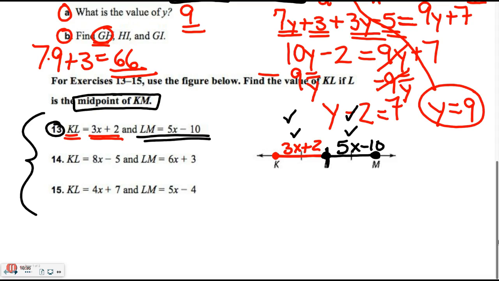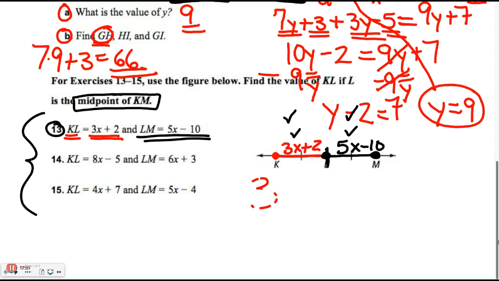So what you do is, from your note card, we wrote you set one piece, the 3x plus 2. If that's in the middle, the 3x plus 2 is going to have to equal the other piece, which is the 5x minus 10. My smartboard's on a little bit of delay because I have Desmos open and I'm recording, and so for some reason it's not writing.